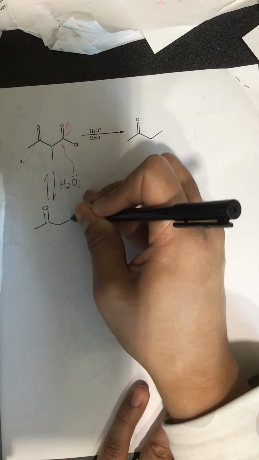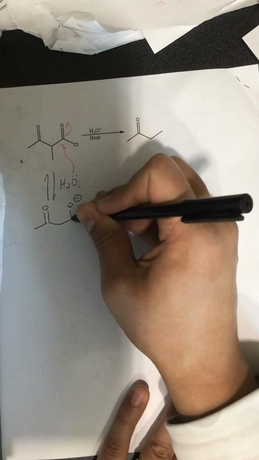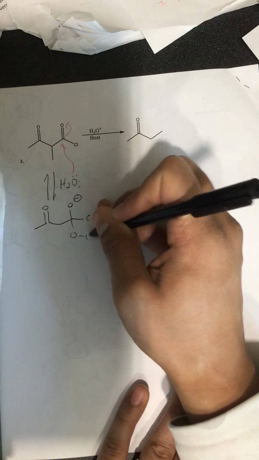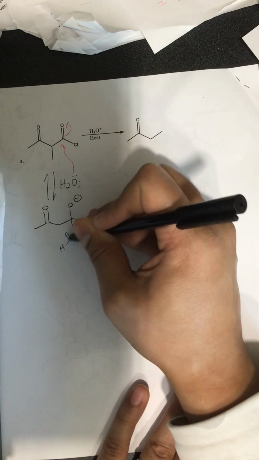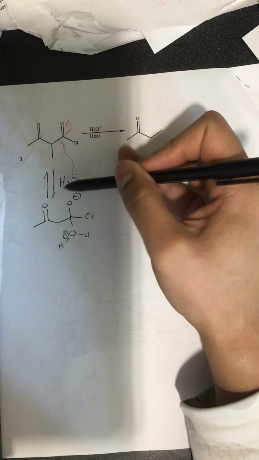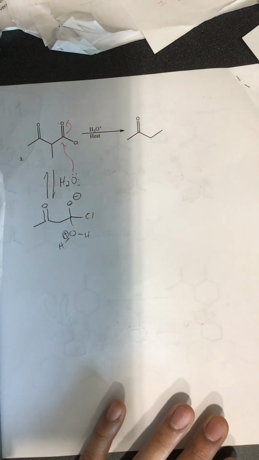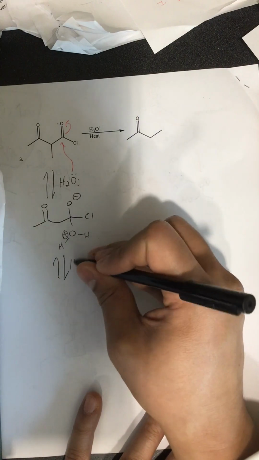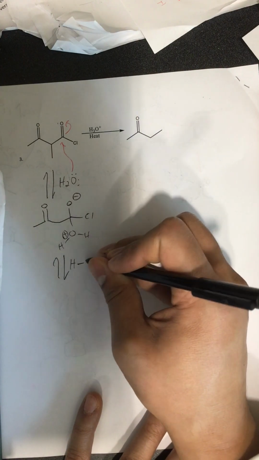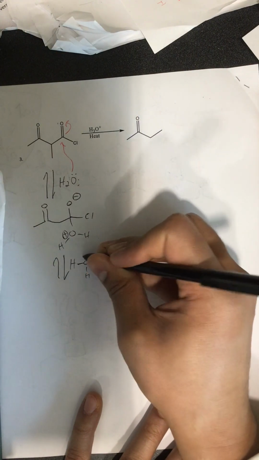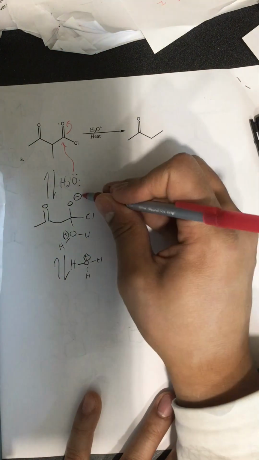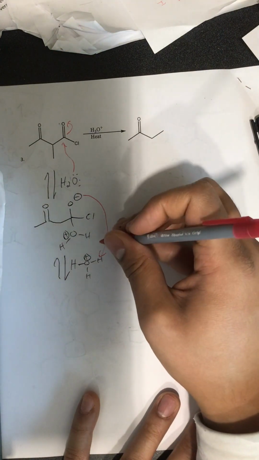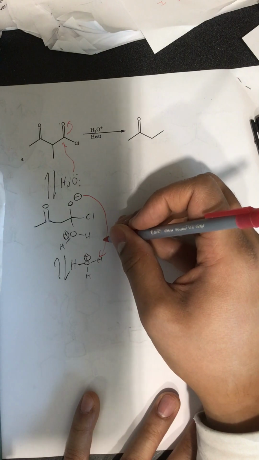So whether you protonate the carbonyl first and then have water attack, or you do a second, I don't really care. I think there's a good argument for both ways. Since we're in acid, we probably should protonate this.